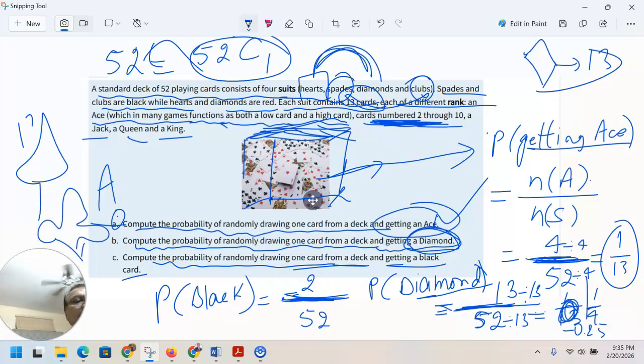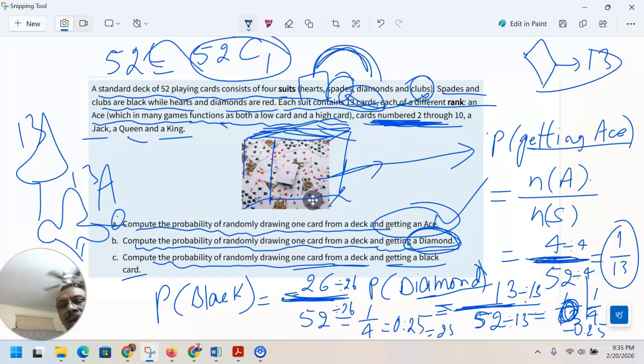So there are 13 and 13, which is 26. So 26 out of 52. If I divide by 26 and 26, you get 1 out of 2, which is 0.5, or 50%.